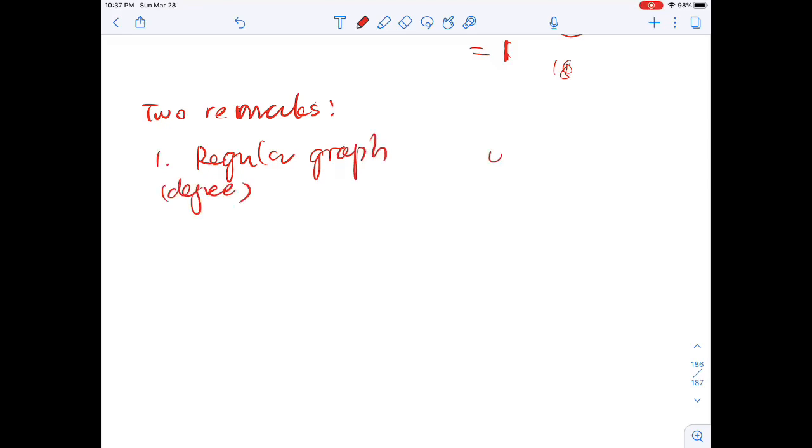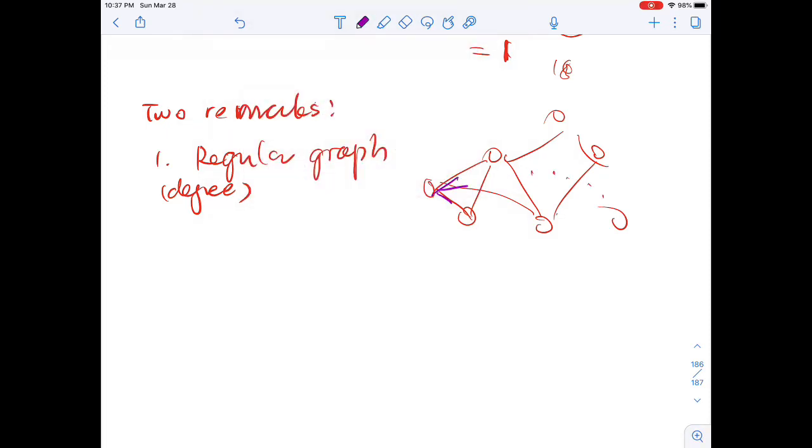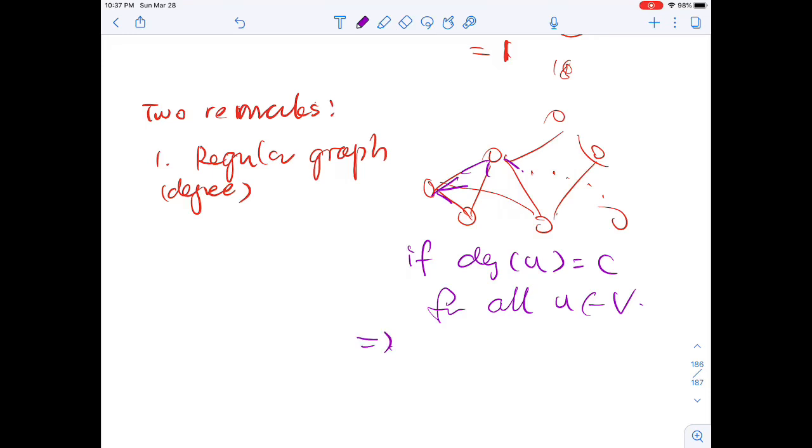Degree regular graph says that if I have an undirected graph and I look at the degree of every node, every node has the same degree. So if the degree of u is the same for all u in the vertex set, then we say that this graph is a C regular graph.